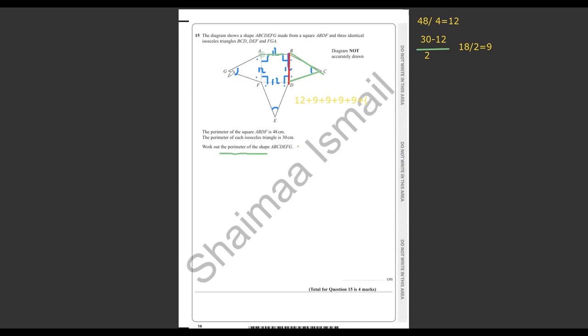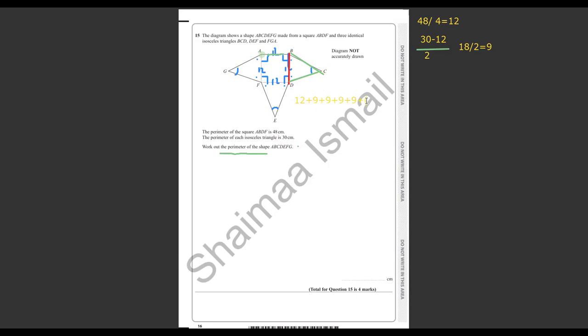Let's mark that. So here we have 12 plus 9 plus 9 plus 9 plus 9. So we have 1, 2, 3, 4, and another 9 and 9. Okay, so this is the perimeter of the shape.